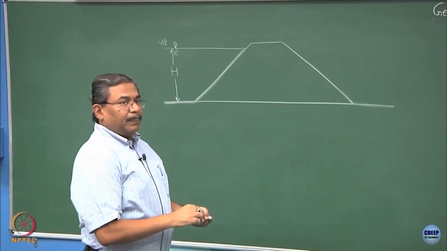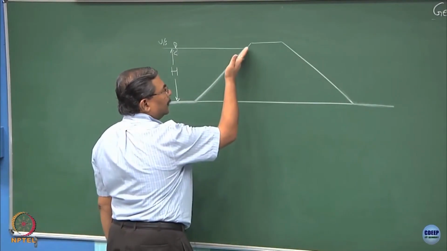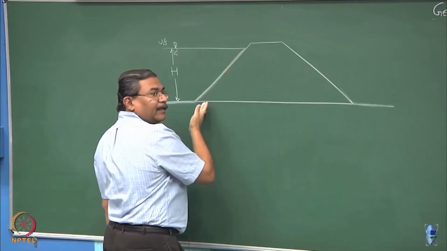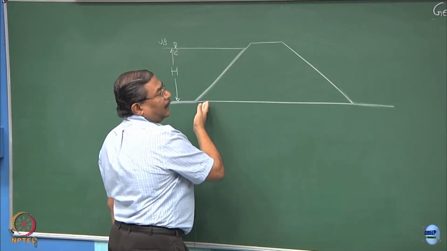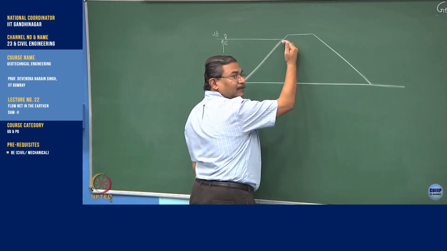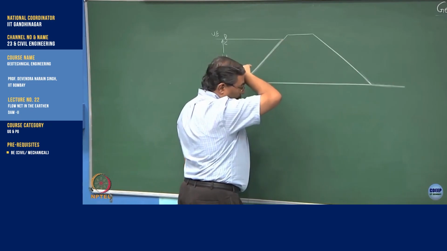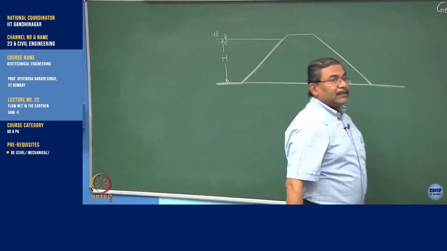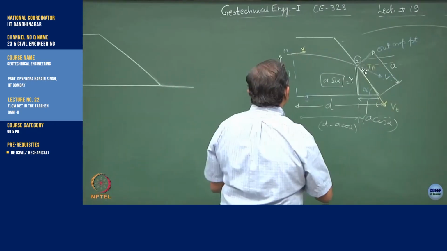Truly speaking, if this is an equipotential line, the top phreatic line should have been perpendicular to this, but what we have proven until now is that the top phreatic line is a parabolic curve.